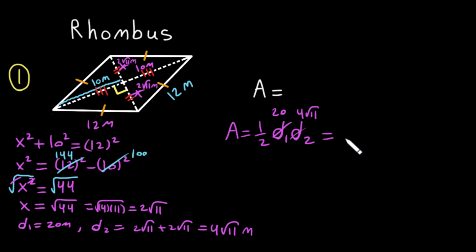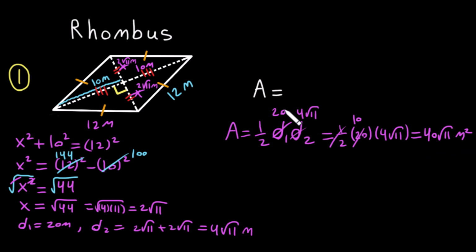So the answer here will be half multiplied by 20 multiplied by 4 square root of 11. Can we find this answer? Of course. Here this half will vanish with this 20, it will be 10, because half of 20 is 10. 10 multiplied by 4 square root of 11, we can say 10 multiplied by 4, which is 40 square root of 11 square meters.